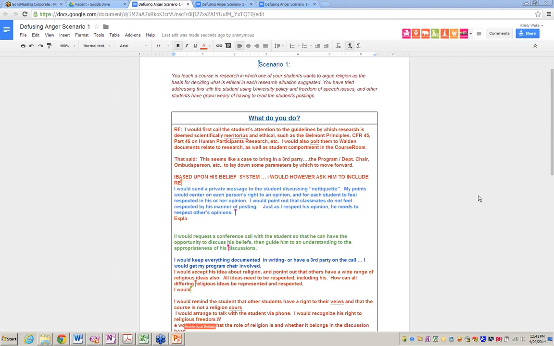The other thing that I would say is find a colleague. It can be your specialization coordinator, your program director, your associate dean, or a fellow faculty member. You don't use student names because you have to pay attention to FERPA.